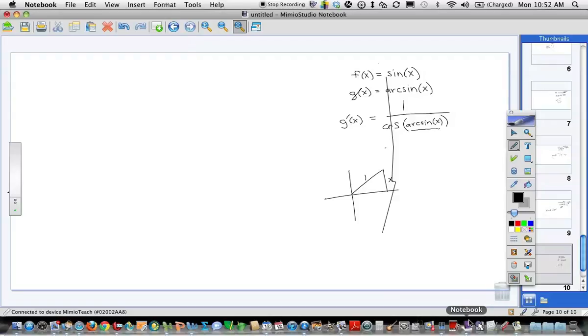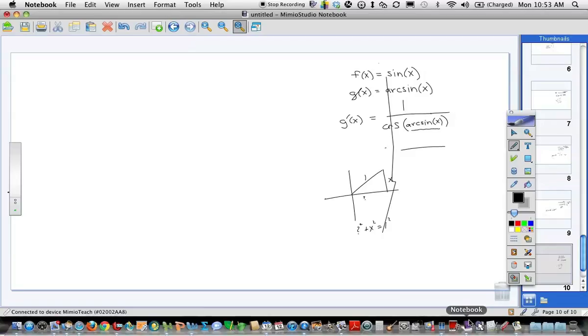So the cosine of that angle would be adjacent over hypotenuse, correct? So I need to know this leg. Well, how can we get that leg? Pythagorean theorem, right? This squared plus x squared equals 1 squared. Call that question mark. Question mark squared plus x squared would equal 1 squared.